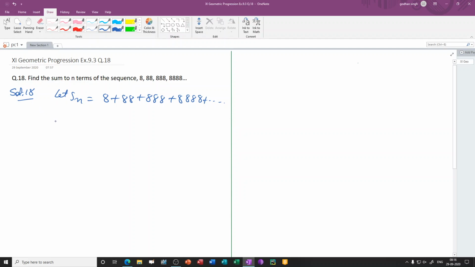In all these types of questions, you have to see which digit is being repeated in all the numbers, that is 8. So we will take 8 common from the series, up to n terms. I have written Sn equal to this up to n terms.